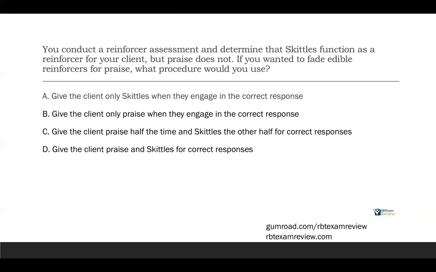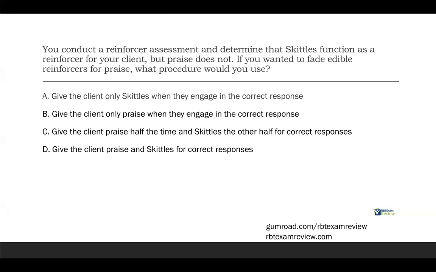Well, we give the client praise and Skittles for correct responses. When we give those two things together, what are we doing? We're conditioning praise to be a reinforcer. So we're taking Skittles, which already functions as a reinforcer, pairing that with praise, right? And we're conditioning praise to become a conditioned reinforcer.